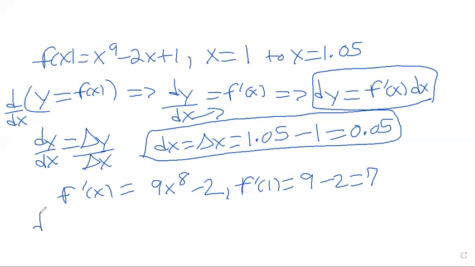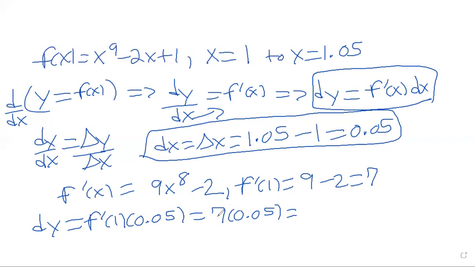Therefore, to find the change in y, it's f prime of 1 times dx, which is 0.05. f prime of 1 is 7, and 7 times 0.05 gives me 0.35.